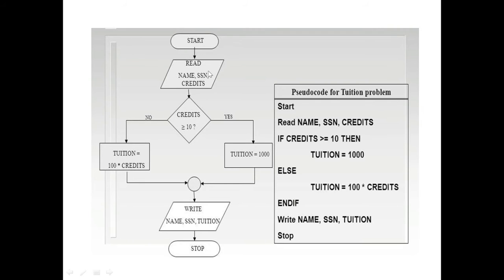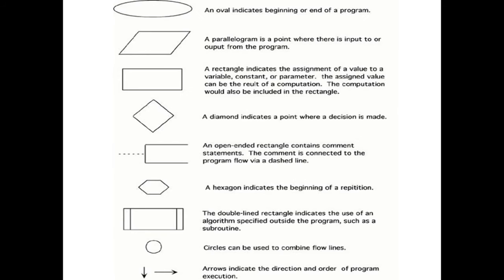From the input output block, we now have a diamond-shaped block, and these diamond-shaped blocks are used for decision making, that is your if and else. So a diamond indicates a point where a decision is made.